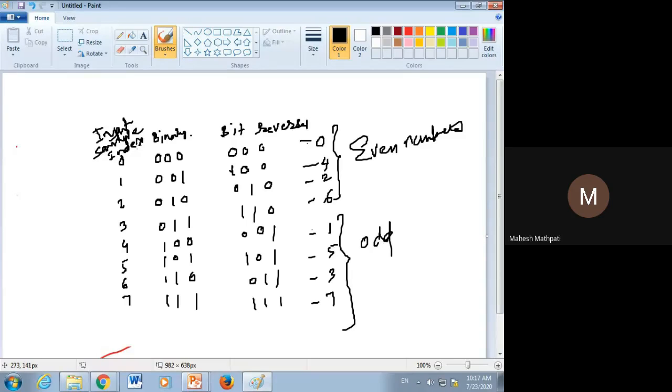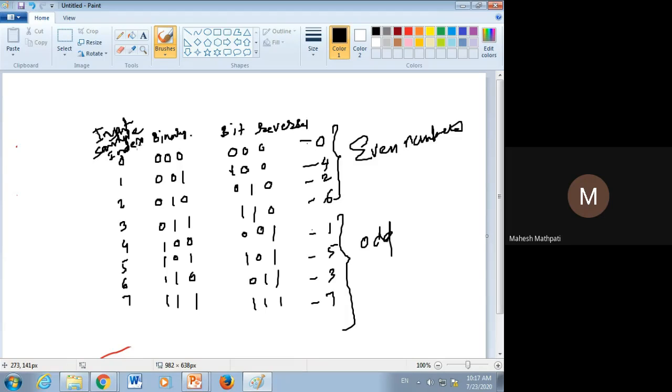In DIT algorithm, we can find that in order for the output sequence to be in natural order, in bracket you write X of k, that is capital X of k, where k has the values 0, 1 up to N minus 1.